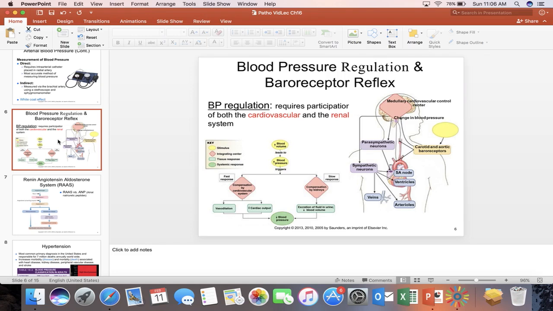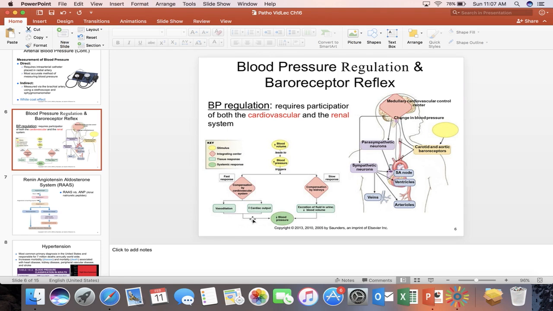Blood pressure regulation requires participation of both the cardiovascular and the renal system. On the left-hand side here, you can see that an increase in blood volume leads to an increase in blood pressure. When you have an increase in blood pressure, your body will try to compensate and bring that back to homeostasis through vasodilation and also a decrease in cardiac output.